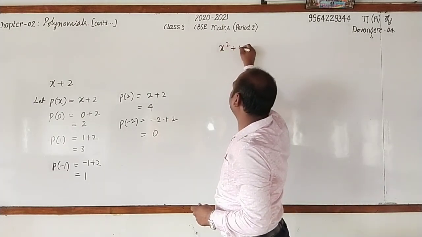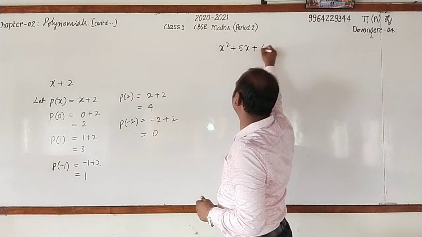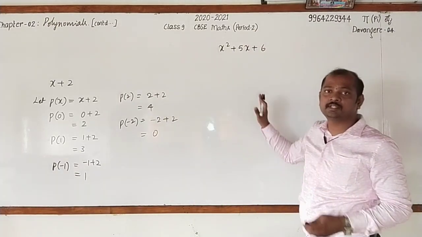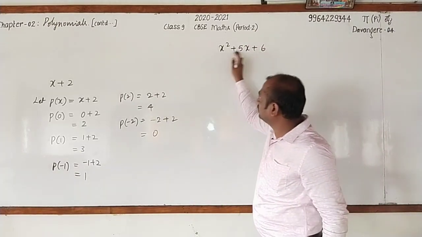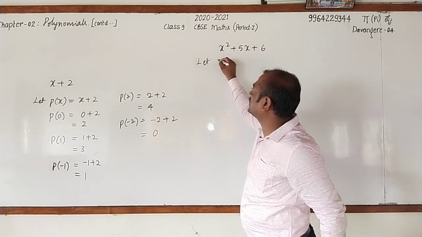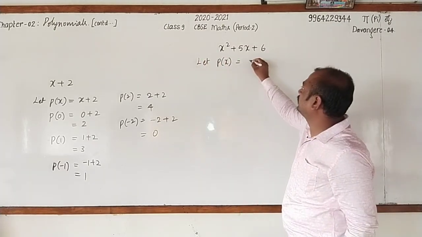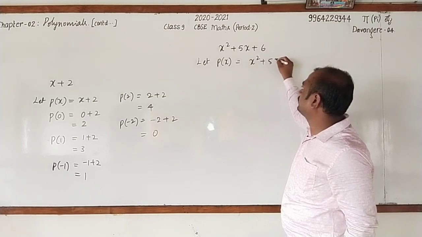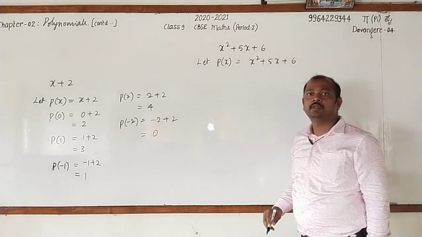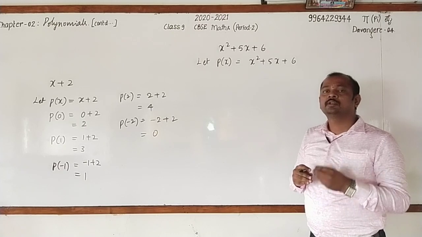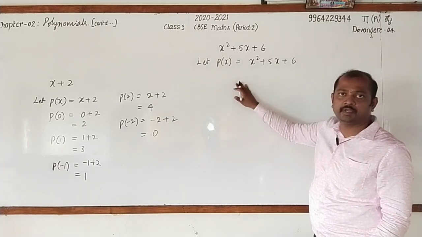Let me go for taking one more example. X square plus 5x plus 6. This is the given polynomial. Even this is also in x, hence I write this as p of x, equal to x square plus 5x plus 6. Here also I am going to take some values in place of x.